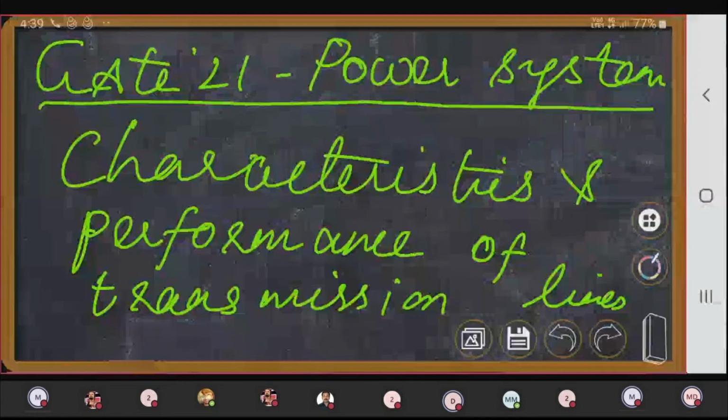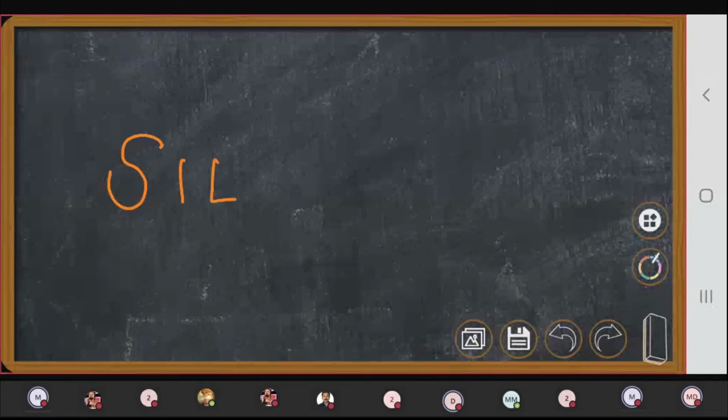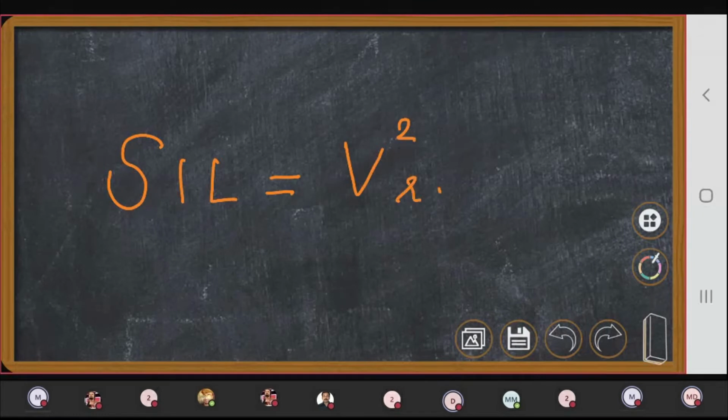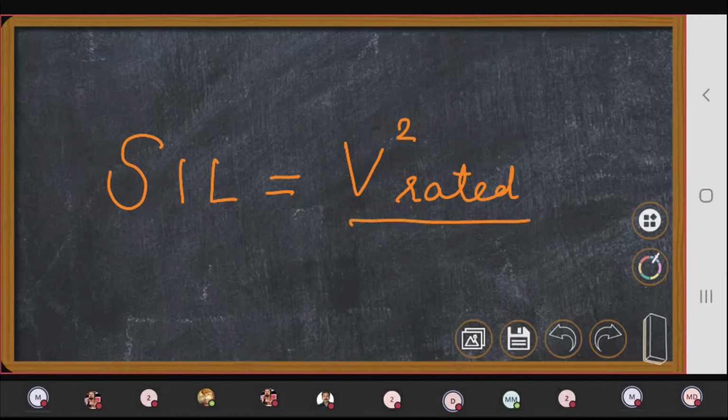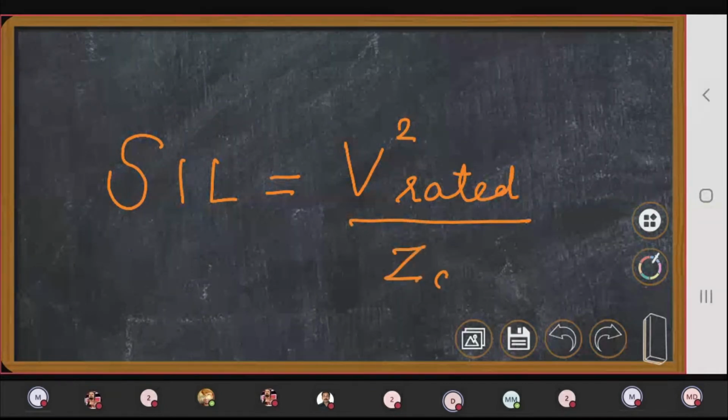So the surge impedance loading, SIL, the relation which is available is V squared rated by ZC. So this is the standard relation.